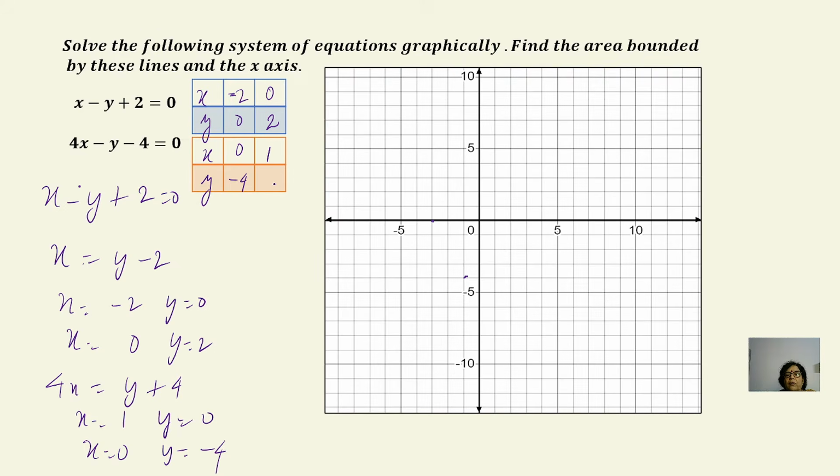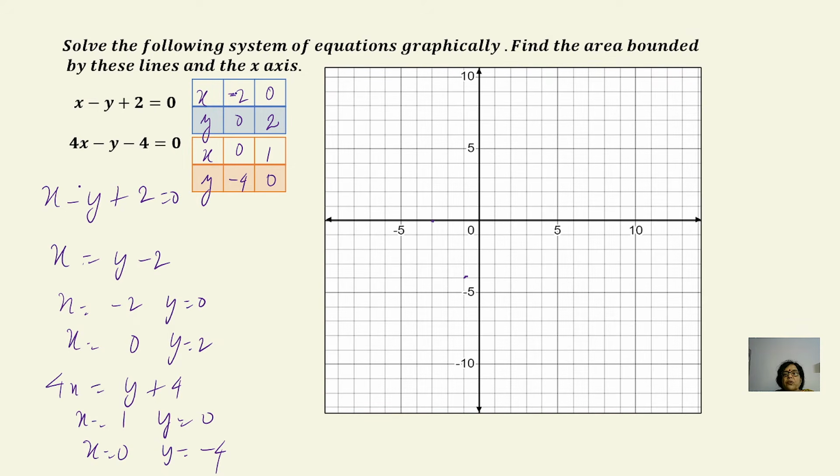X is 1, y is 0. We need to check the points once again. If we take the value of x as 1 here, this will become 4 minus 4, that is 0, so y is 0. If x is 0, y will be equal to negative 4.